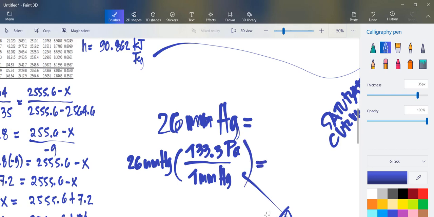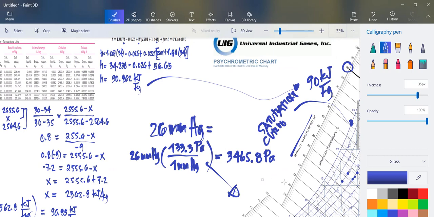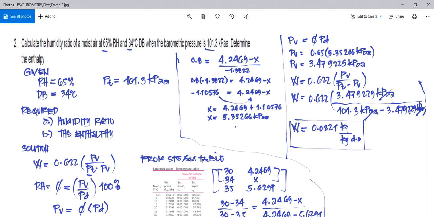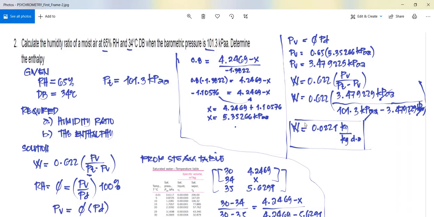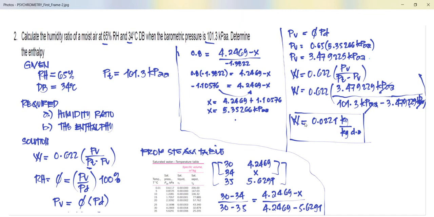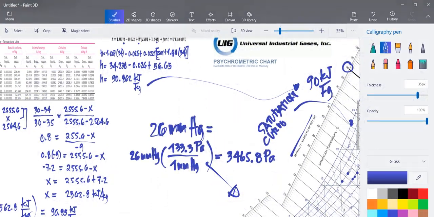So let's multiply that one, no? So what we have is 3465.8 Pascal. Referring to your partial pressure of vapor earlier, that is 3.4775. Okay, so it is almost the same value as this one. So 3.47 partial pressure of vapor compared to this value.